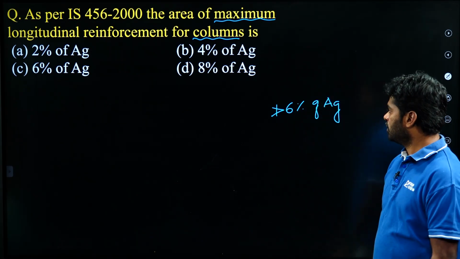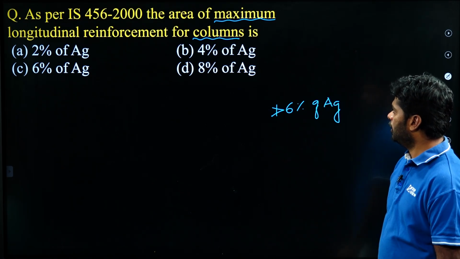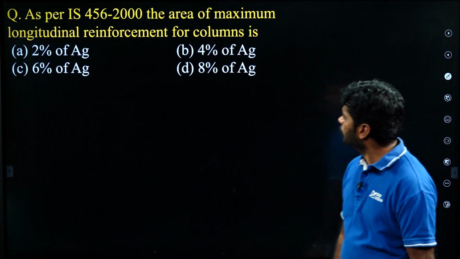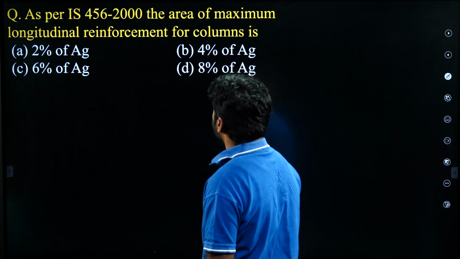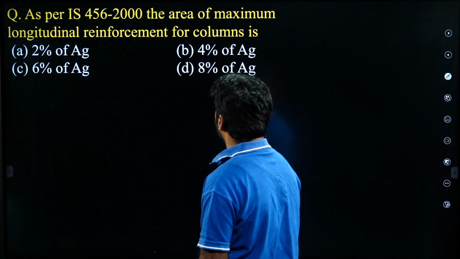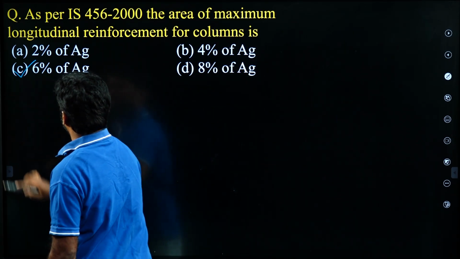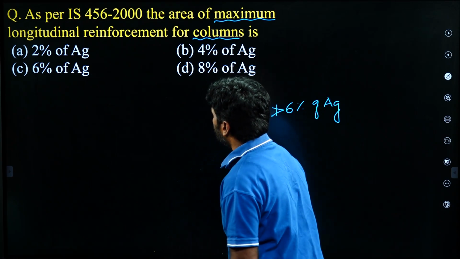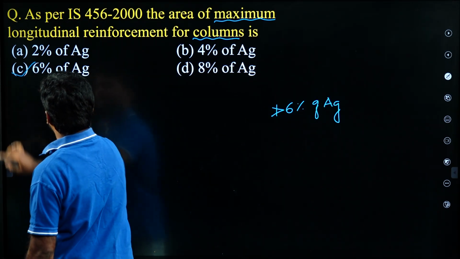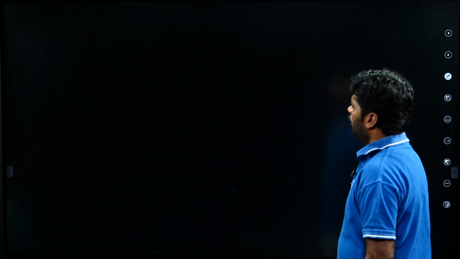Next question is a repeated question on maximum longitudinal reinforcement for a column. Option C, it is 6%, as previously given. Option C is correct, longitudinal steel. Next question.